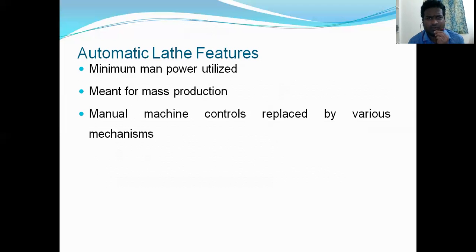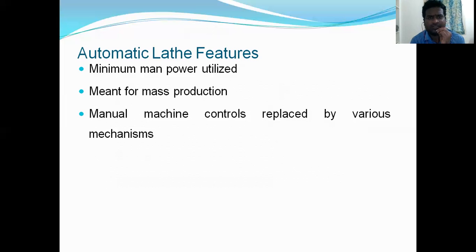Manual machine controls are replaced by various mechanisms. In conventional type machines, we operate the carriage, and if we want to change the speed ratio, we operate the levers or change the pulleys.